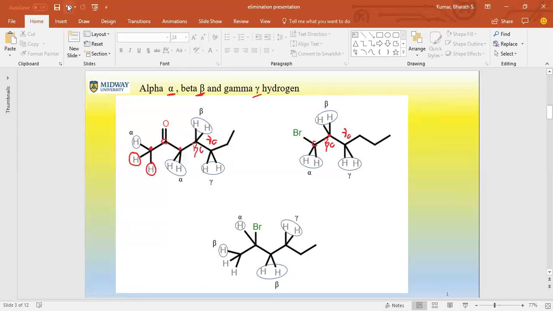Similarly, if the Br is in the middle, that means the carbon containing the leaving group itself is the alpha carbon, so this is the alpha hydrogen. And wherever your alpha carbon is, if your leaving group is sandwiched, that means on either side you have a beta carbon, and beta carbons contain beta hydrogens, and on this side this is a CH3, right?